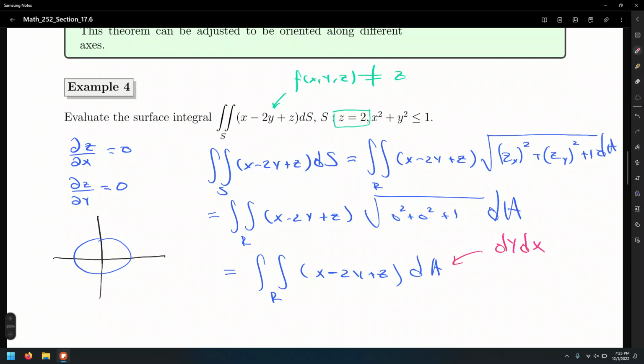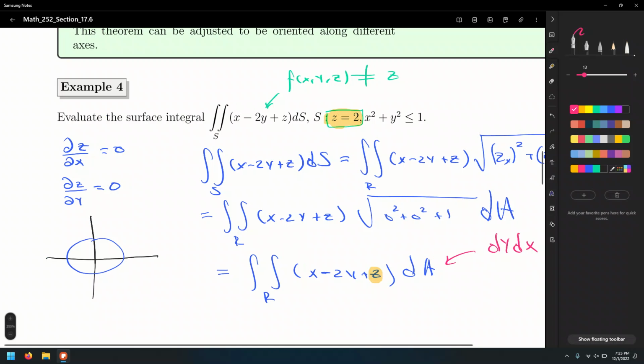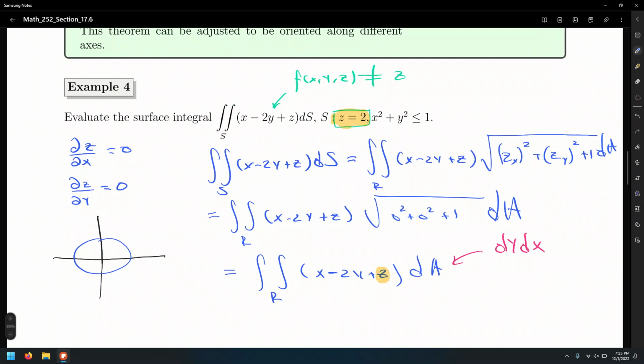So we need to have our integrand only in terms of y and x. Here we have x, y, and we have z. So we need to replace that z with whatever function we have. In this case, we replace that with 2. That's the only little pitfall that we need to be aware of when it comes to surface integrals.